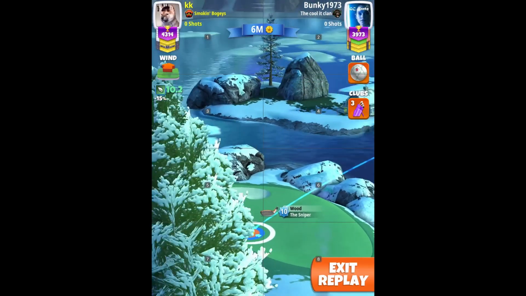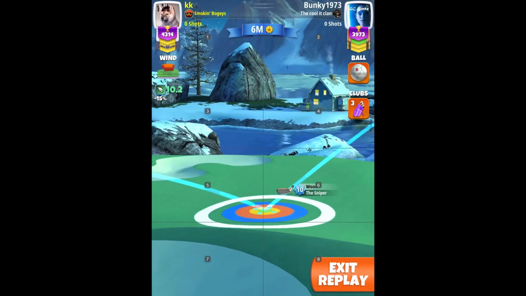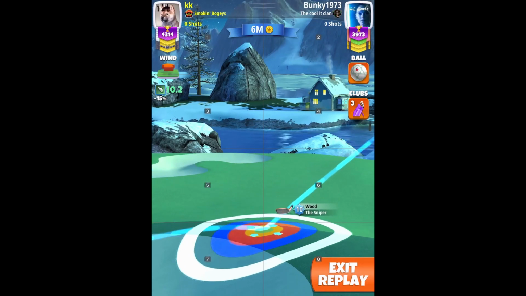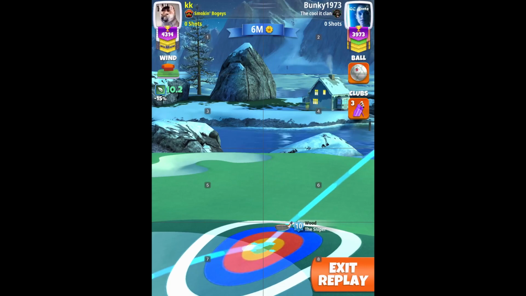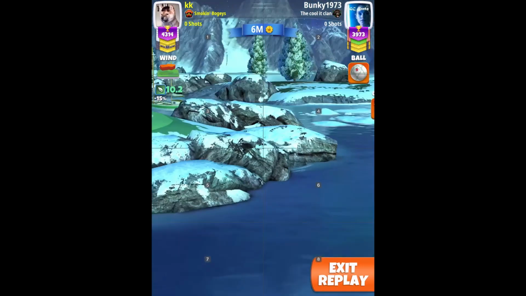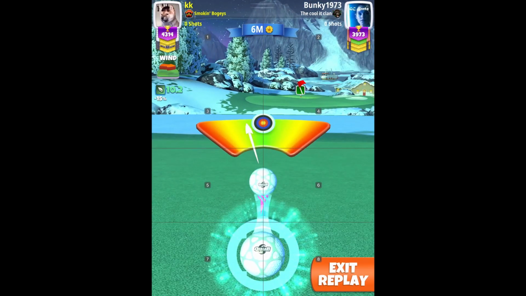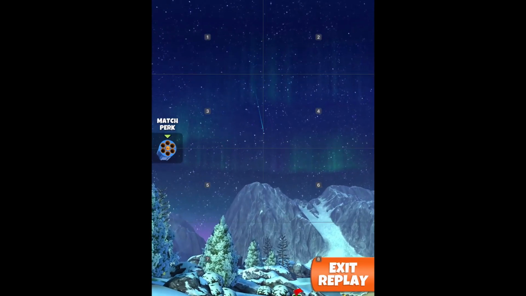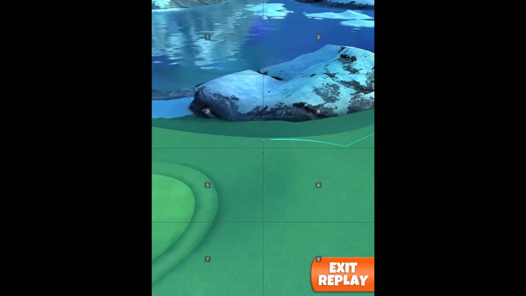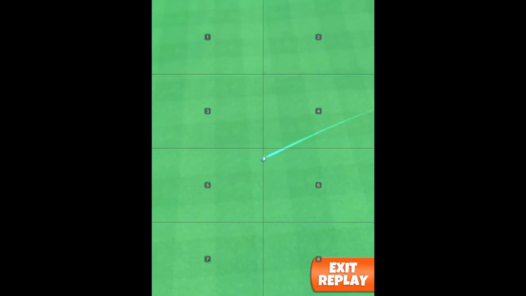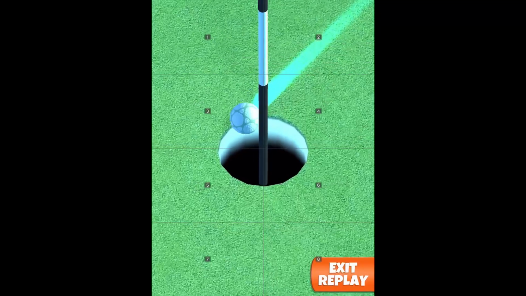Plus 20% mid. Some baby left curl. In the hole.